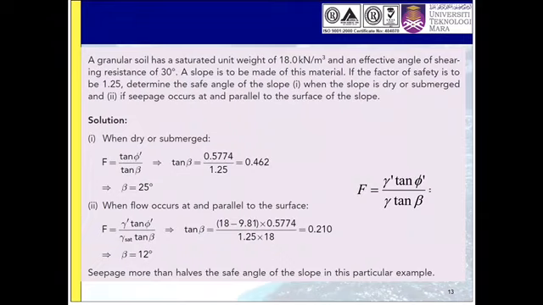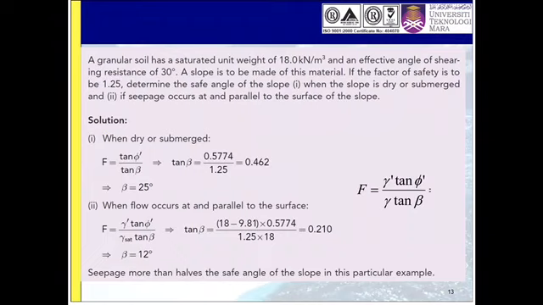That's why F is equal to tangent phi prime over tangent beta. So the answer is 0.462, and you get beta is 25 degrees from tangent beta equals 0.462.